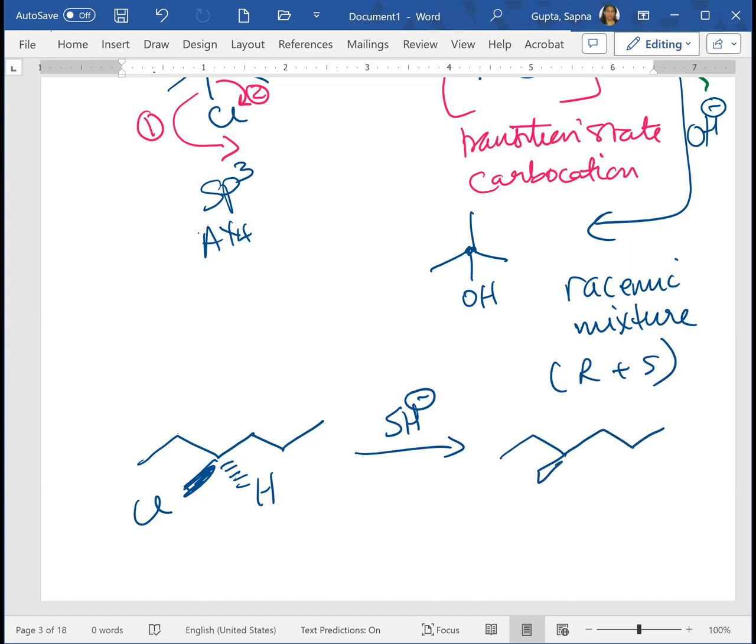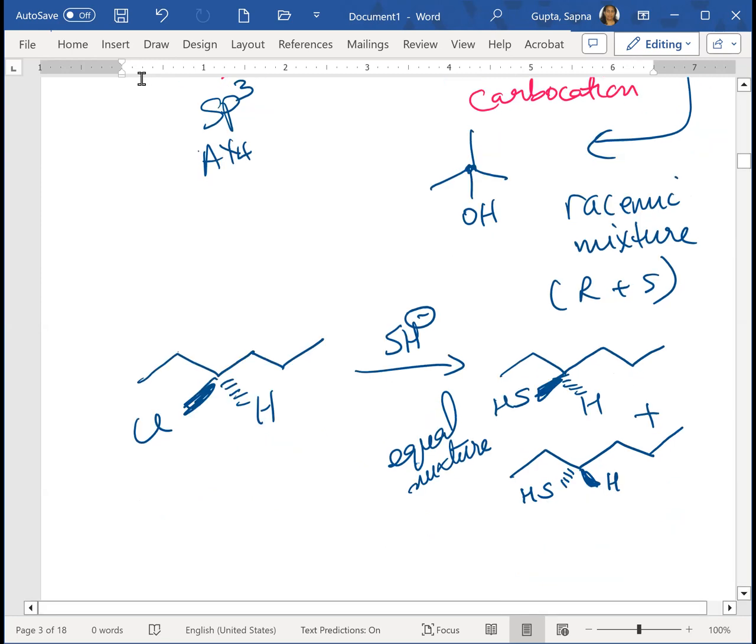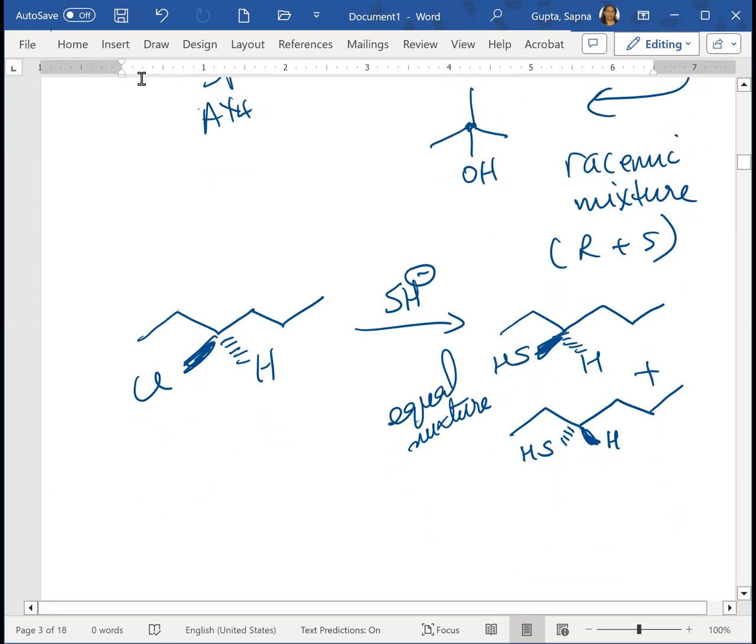You will get the one in which the SH is coming out at you, and then you will get another one in which the SH is actually going back and the hydrogen is coming out, and you get equal mixture. And that's the racemic mixture that you end up getting.